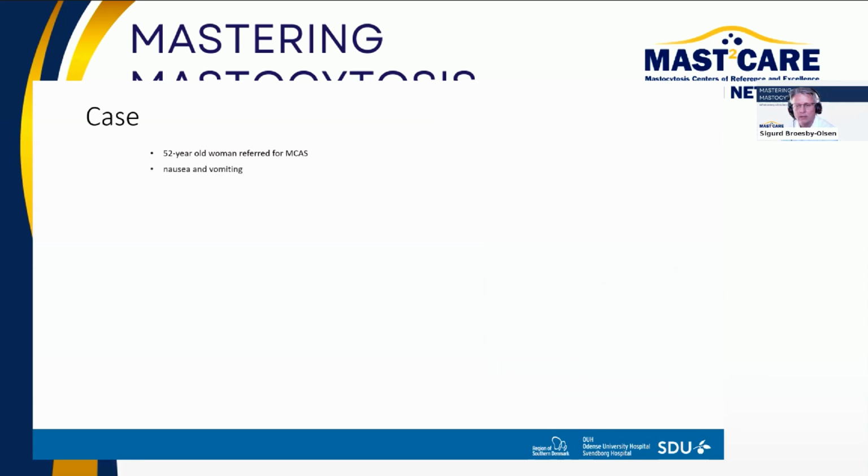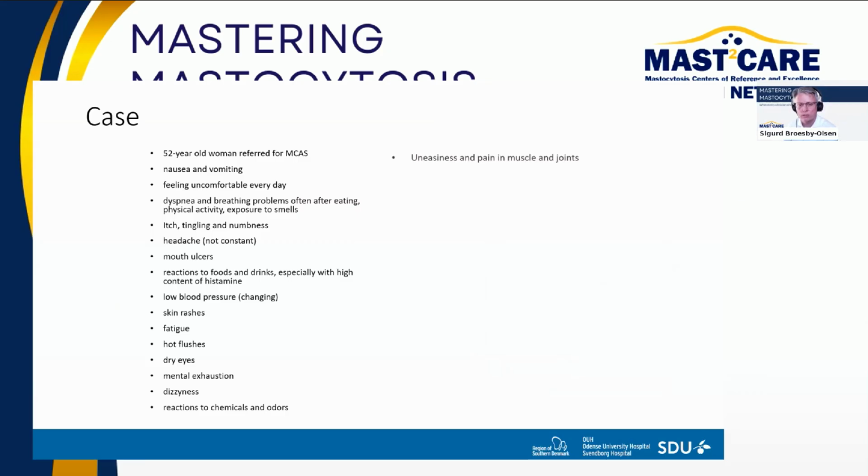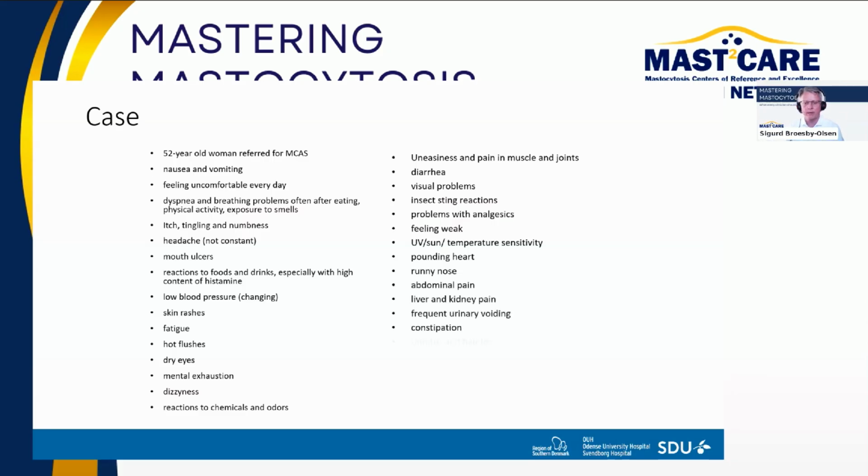On the other hand, I think we all see these patients with unspecific symptoms. Maybe they are self-referred or expecting themselves to have either mastocytosis or maybe MCAS with a lot of diffuse symptoms, and also really worried patients. And you cannot really find a pattern in all the symptoms. Every time you ask the patient about symptoms, they say, yes, I also have that.